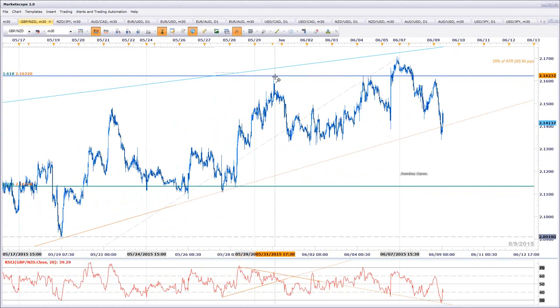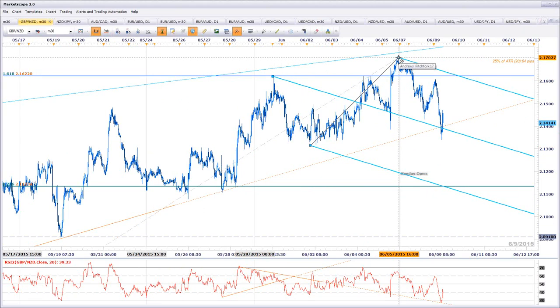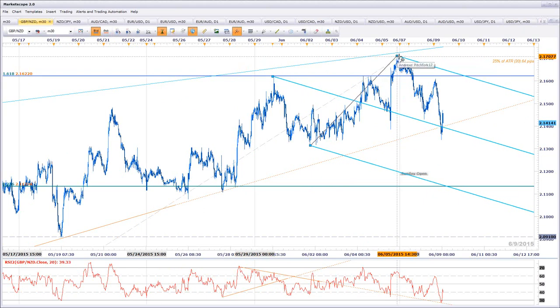Okay, and let's just see if we have any significant median lines here to play with.